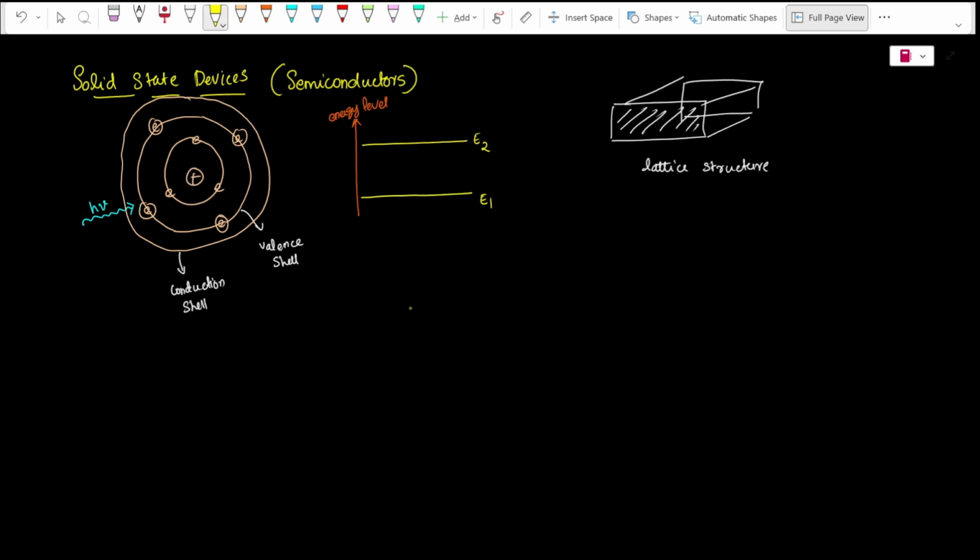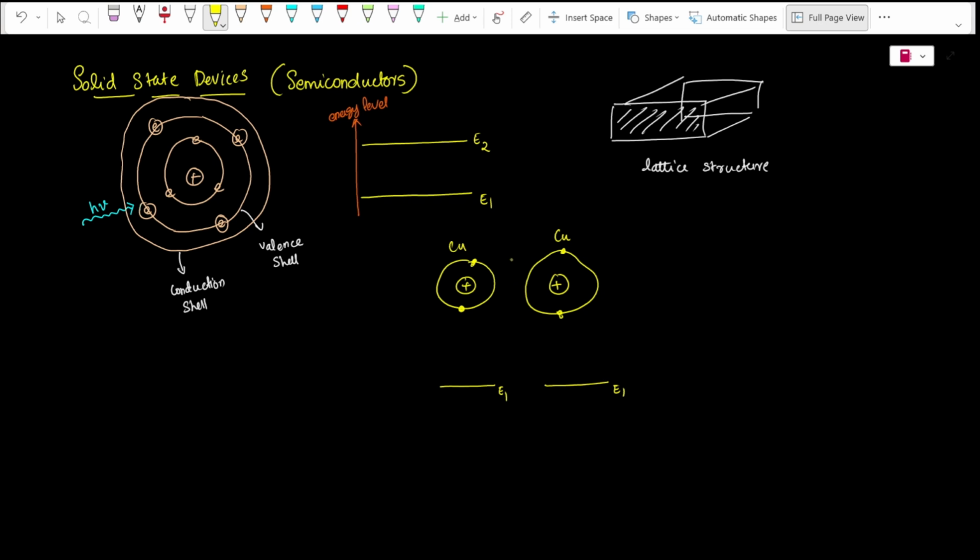Let's say this is one atom and this is a different atom, kept closer. The energy level for this atom is, let's say, here, but the energy level for this atom is also the same, because both are the same atoms. Let's say this is a copper atom and this is also a copper atom. So both of these energy levels are exactly the same.